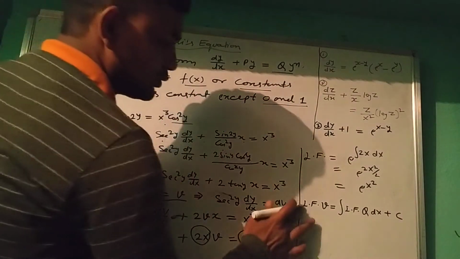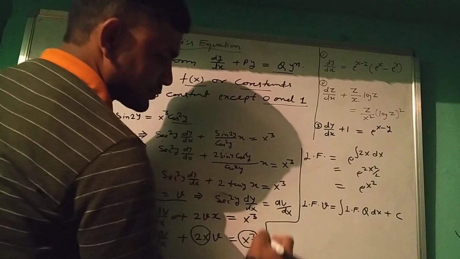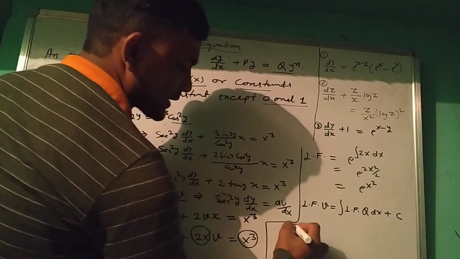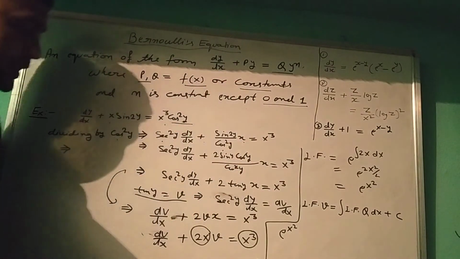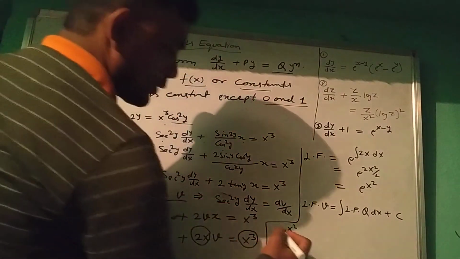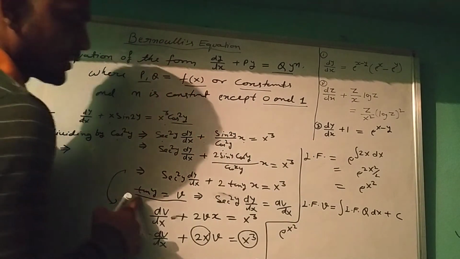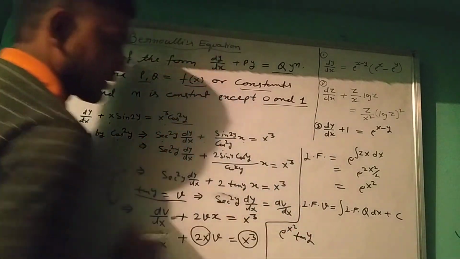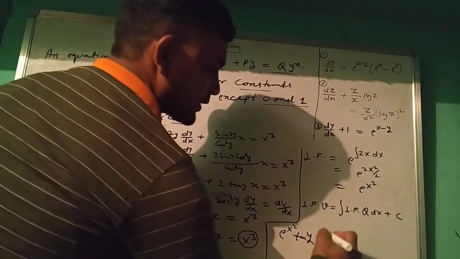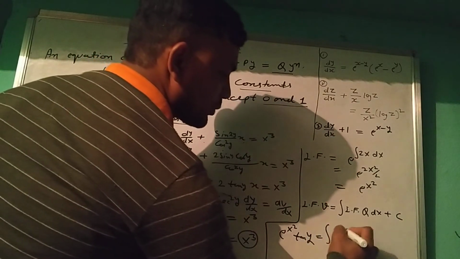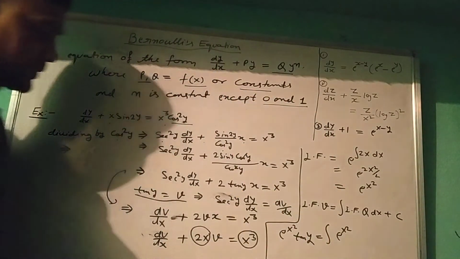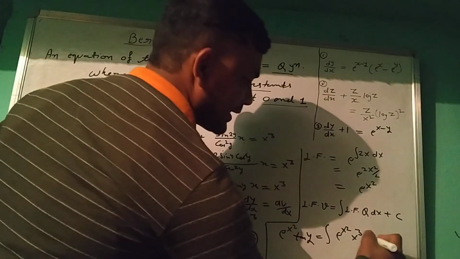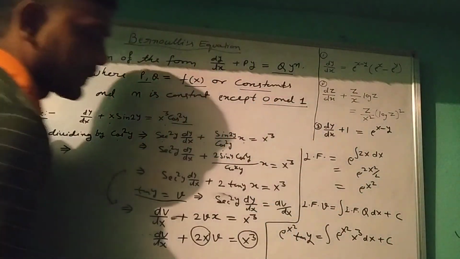The integrating factor is e^(x^2) and v equals tan y. So tan y times e^(x^2) equals integration of e^(x^2), the value of Q is x^3, dx, plus c.